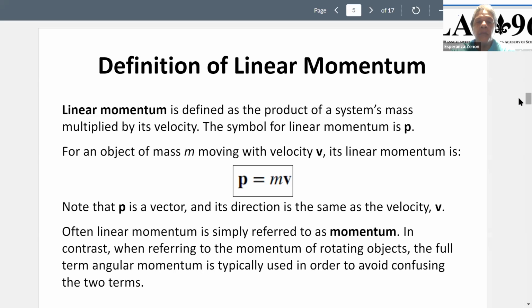We get this property called momentum when we multiply mass times velocity. We use the symbol p, lowercase p, to represent momentum. And it's a vector because velocity is a vector, so momentum will be in the same direction as velocity. That's a real easy property to calculate: mass times velocity. That tells us linear momentum, or momentum, and it's a measure of how much motion an object possesses.